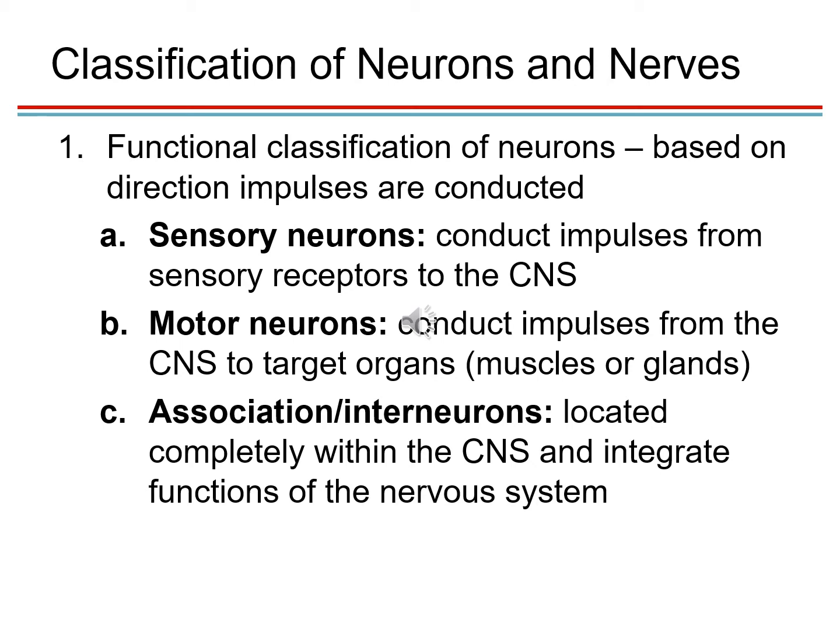The other neurons are the interneurons, which, by the way, are by far the largest amount of neurons, way more than sensory or motor neurons, and they are always located in the central nervous system. Central nervous system, remember, could be the brain or the spinal cord.